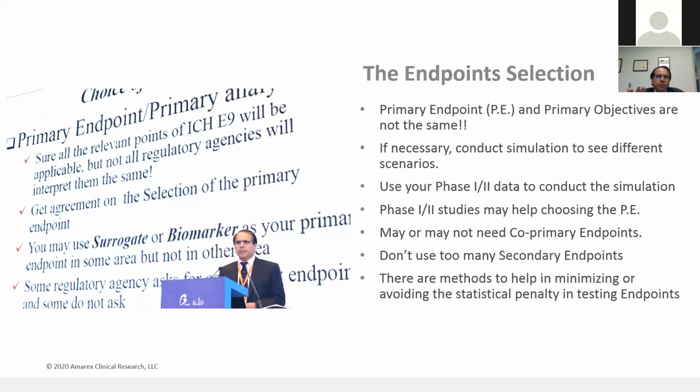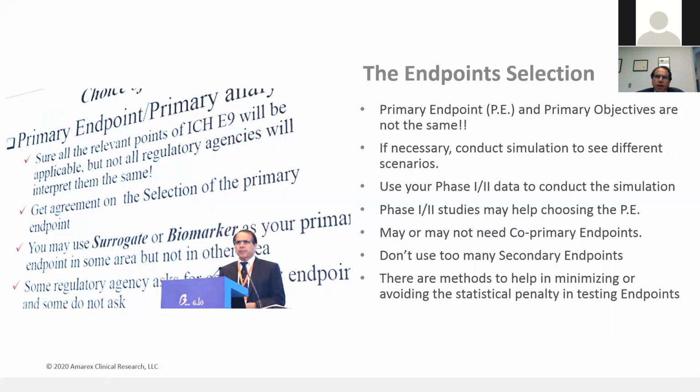You may reduce the hot flashes from, let's say, 40 a week to 20 a week, but then the severity of those 20 is so high that it didn't really pay that much to reduce the frequency. So the frequency and the severity are co-primary endpoints, and you need to be significant for both of them.